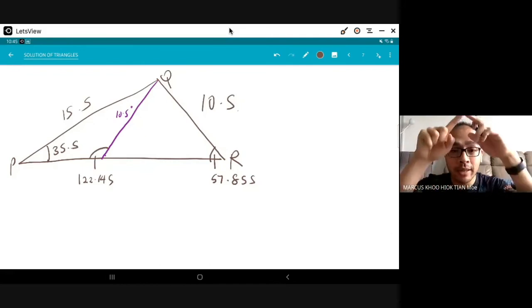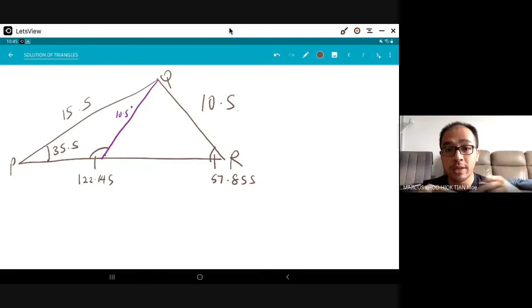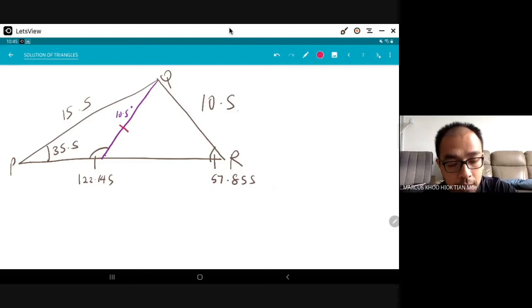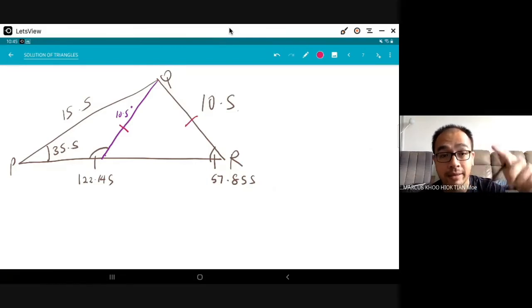I combined the big triangle that we saw just now and the second triangle that we found. We find that actually it is an isosceles triangle. Same length. That means if this length is 10.5, this length is 10.5. So this one is also 57.855.